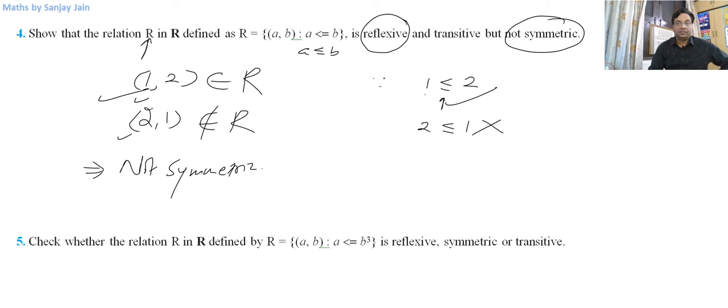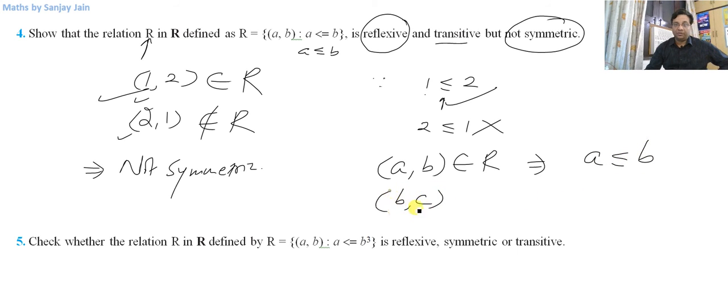Now I will discuss its transitivity. It says that it is transitive. So let me see. If (A, B) is present in this relation R, that will imply that A is less than or equal to B. Let me take any two numbers B, C. A, B, C belong to the real numbers.